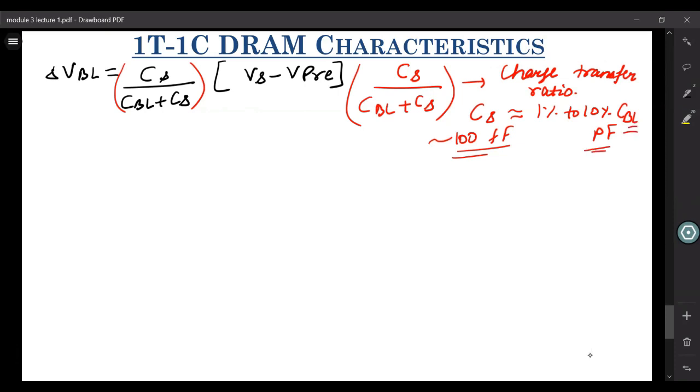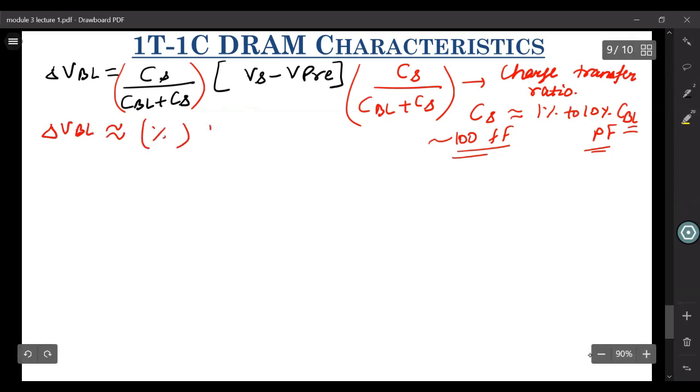So any day you have the ratio of Cs to CBL as 1% to 10%, and you see this delta VBL is only some percentage of Vs minus V3. For current technology nodes, your delta VBL, or the change in the VBL, is only in some 100 millivolts. So there is only this much change in your bit line voltage.